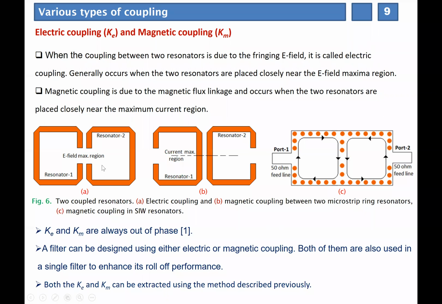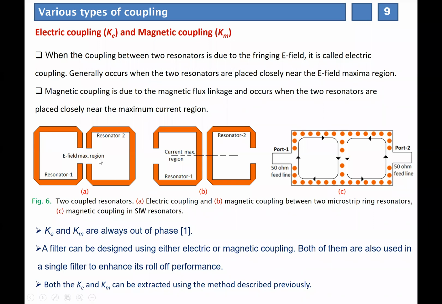Both types of couplings are used to design a filter, but they are a little bit different. What is the main difference between these two? The basic difference between electric coupling and magnetic coupling is the phase. The phase difference between electric and magnetic coupling is 180 degrees.